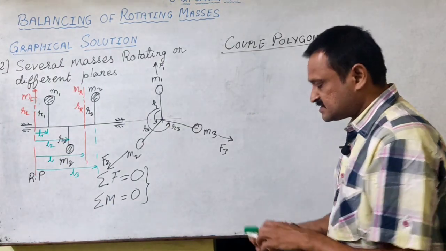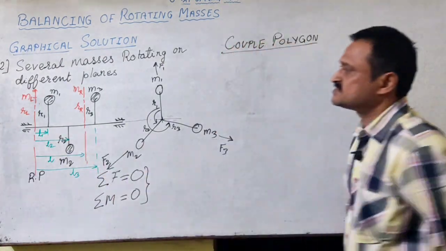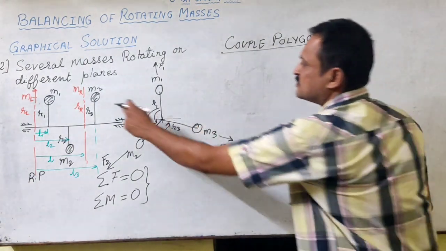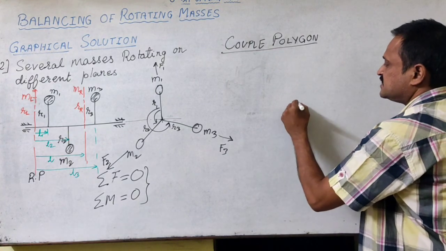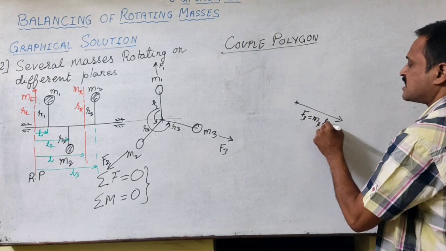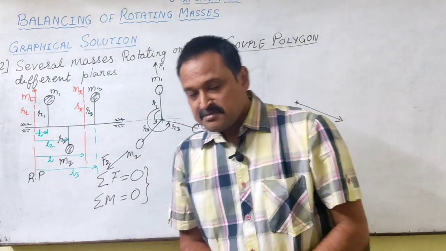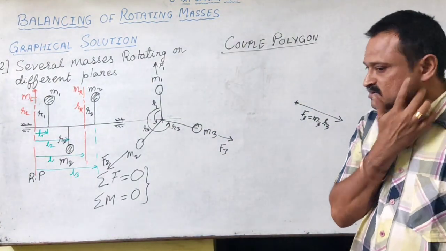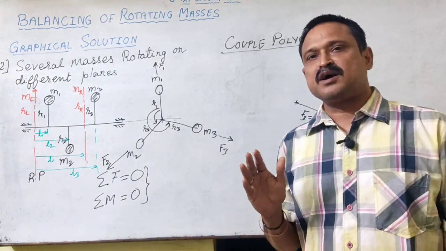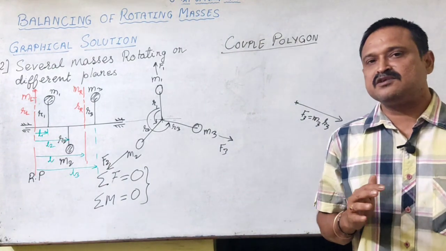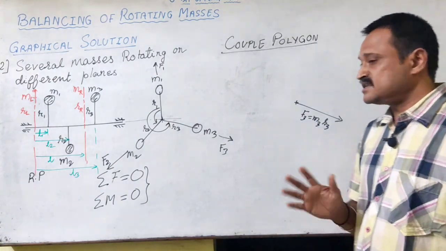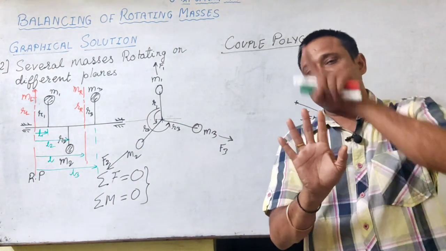Now let us see what will happen if I select this MR as the reference plane. We know that the force due to this M3 is in this direction, so F3 is M3 R3. By applying the right hand screw rule, or right hand thumb rule, we know that the moment vector will be perpendicular to the force vector, that is, perpendicular to the plane of rotation, and the plane of the force is on the plane of rotation.